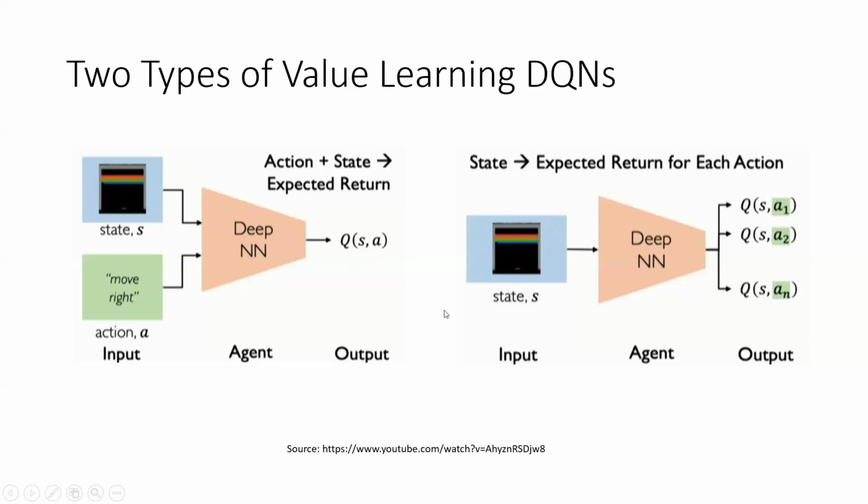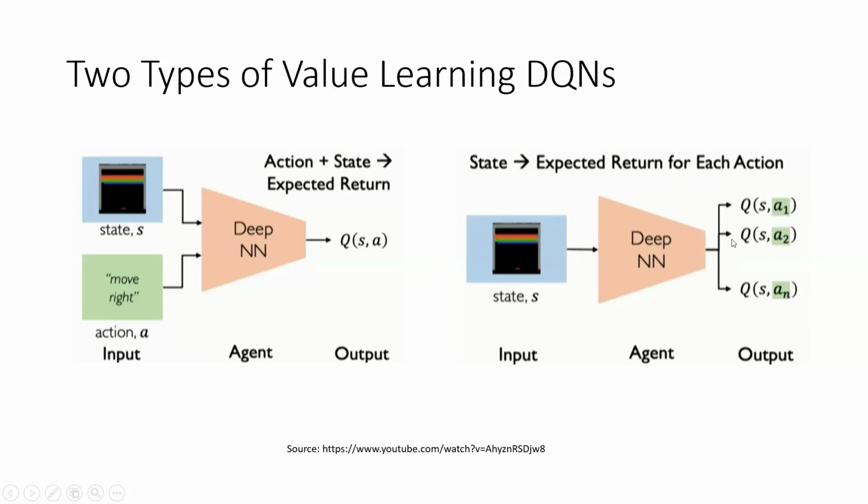So instead of training a model like this, you can use another type of deep neural network to achieve the same value learning, where you only give the state information directly into the neural network, and then you learn what would be the return if you have taken the first action, second action, and nth action.